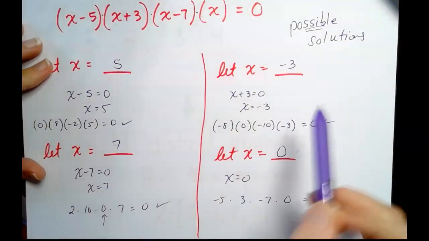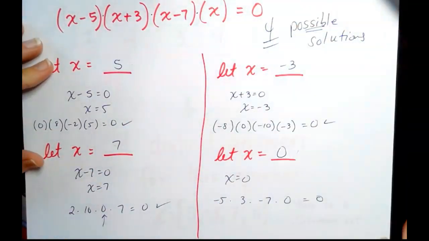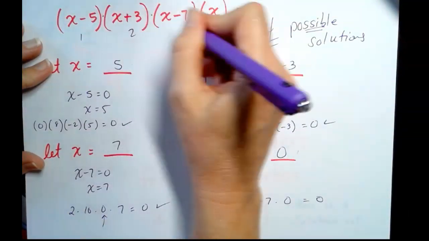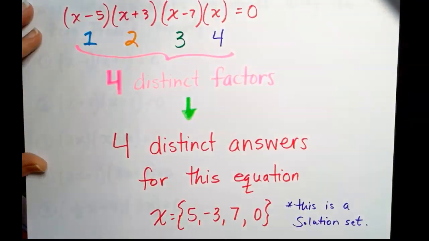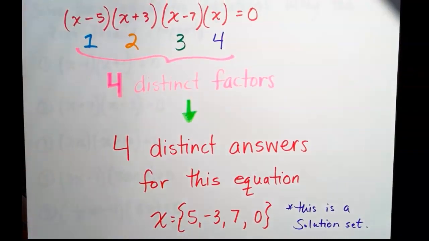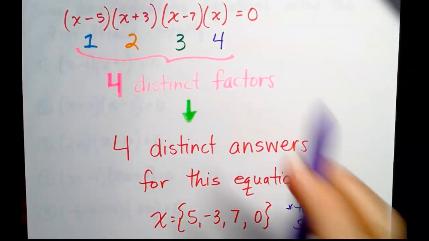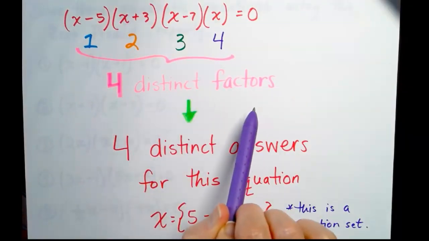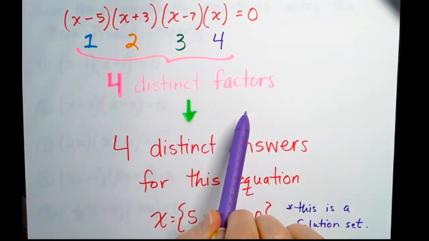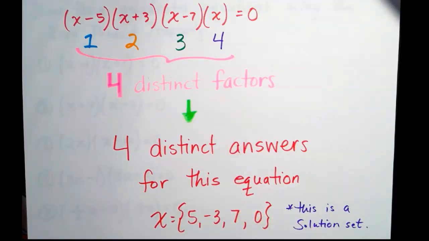1, 2, 3, 4. 4 possible solutions. 1, 2, 3, 4 factors, which I believe is exactly what I have reiterated on the next page. So once again, we have 4 distinct factors, and those 4 distinct factors are going to yield 4 distinct answers for this equation.